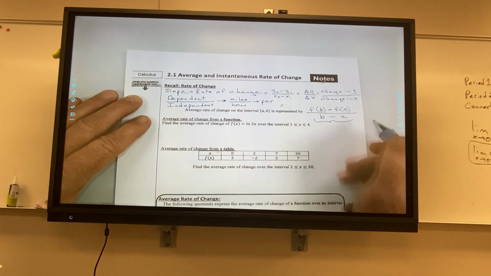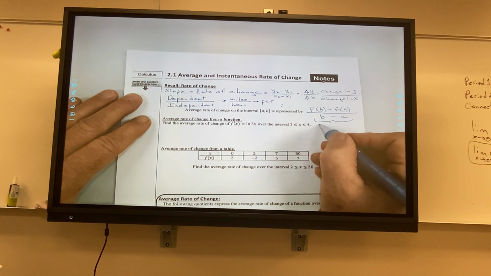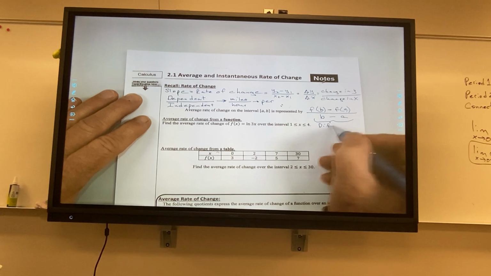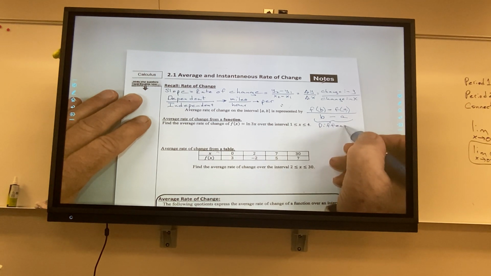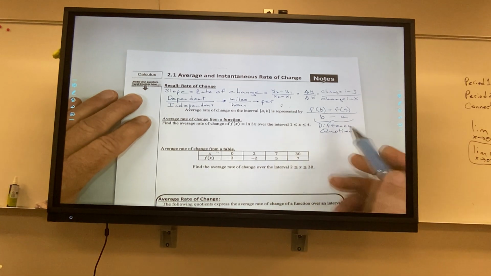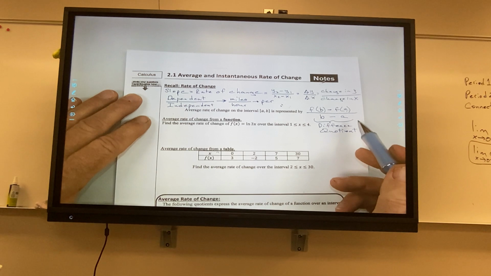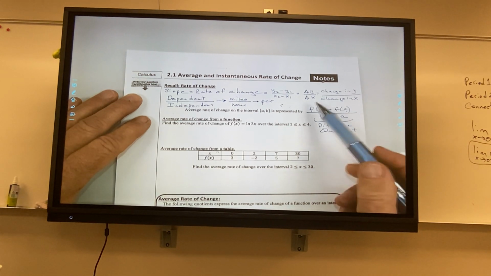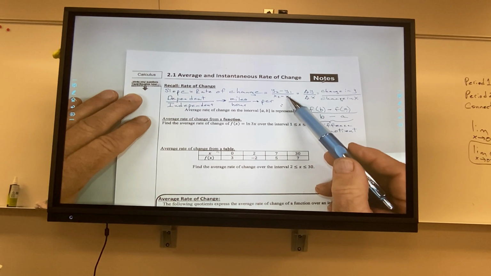Sometimes you'll see this referenced in calculus as the difference quotient, because you're subtracting and dividing. But it's just the old slope formula.